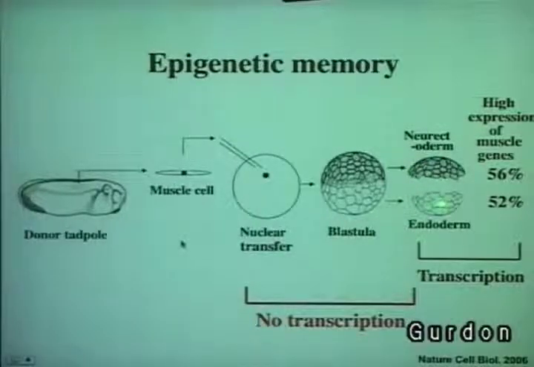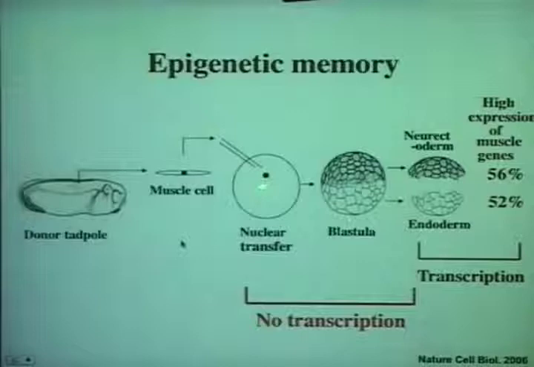And what you find surprisingly is that the neuroectoderm cells have a high overexpression of muscle genes, as do the endoderm genes, in spite of the fact that this nucleus, which was transplanted, has undergone no transcription for those 12 or so divisions. And when it starts up transcription again, with a sort of 50% success rate, it remembers where it came from.